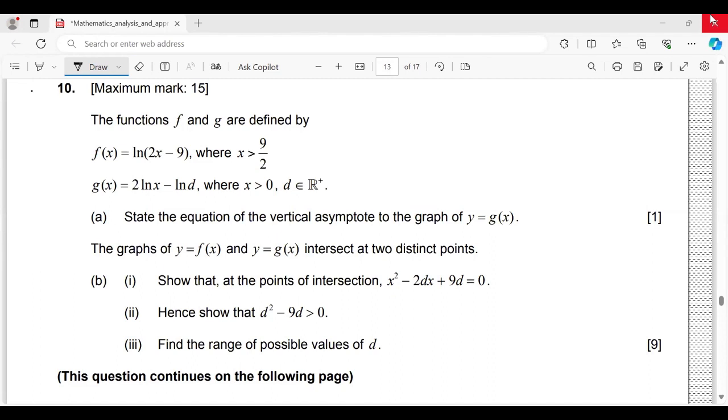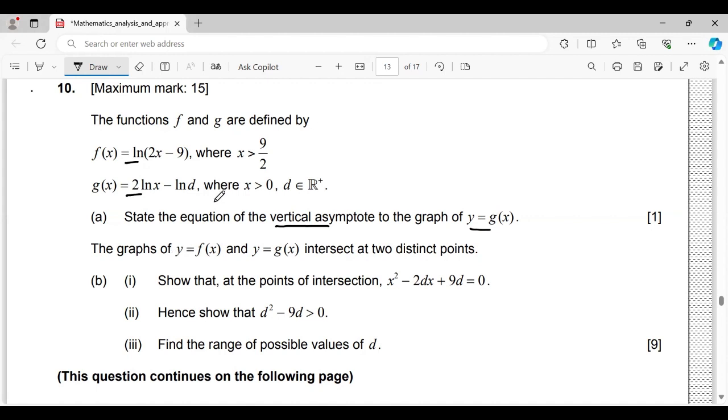Number 10, the functions f and g are defined by f(x) equals ln(2x minus 9), where x greater than 9 over 2, and this g(x). State the equation of the vertical asymptote of y equals g(x).